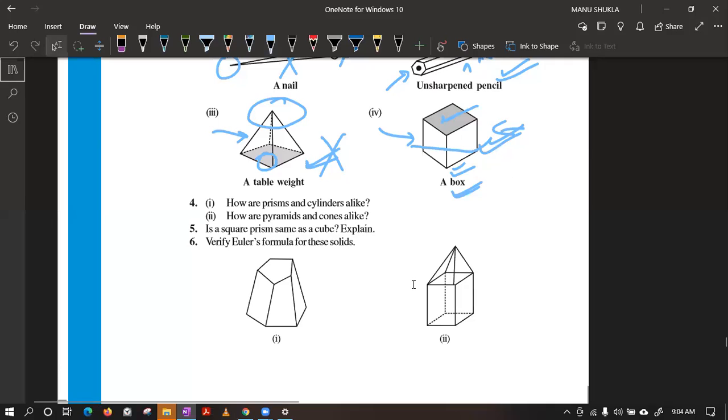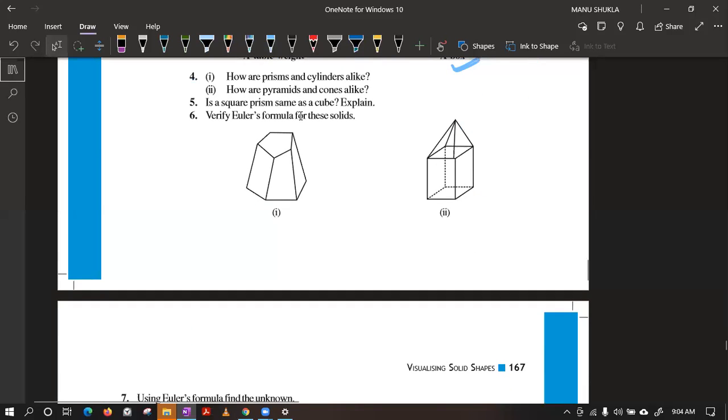Question number 5, is square prism same as cube? Class, please tell. Can we say a square prism is same as cube? We can't say, because we never know. See, square prism means the base is square, the top is square. But what about the lateral surfaces, class?